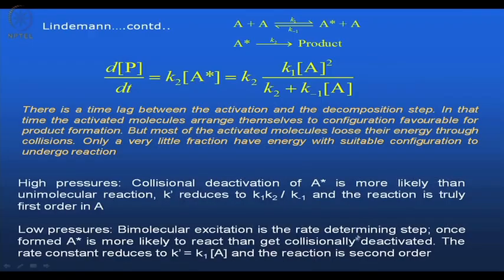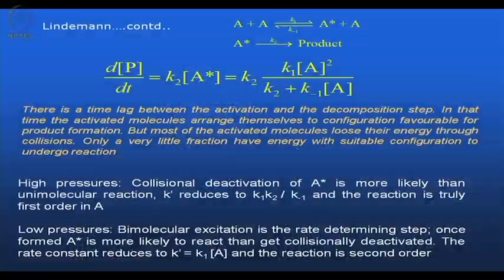Okay. So, that means collisional deactivation of A star is more likely than a unimolecular reaction. So, collisional deactivation, to give you A and A, is more likely because they are coming close to each other as a result of high pressure.